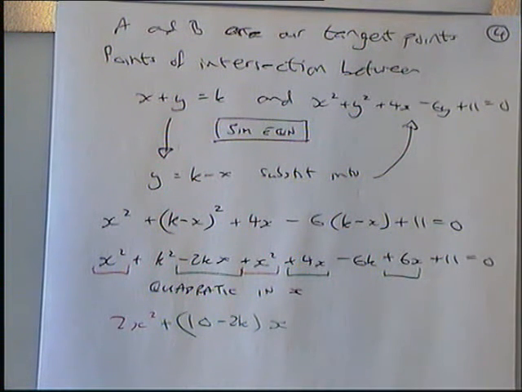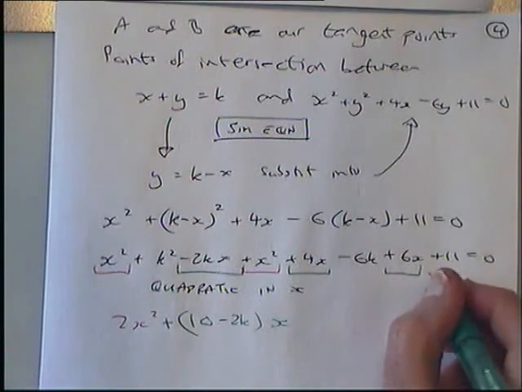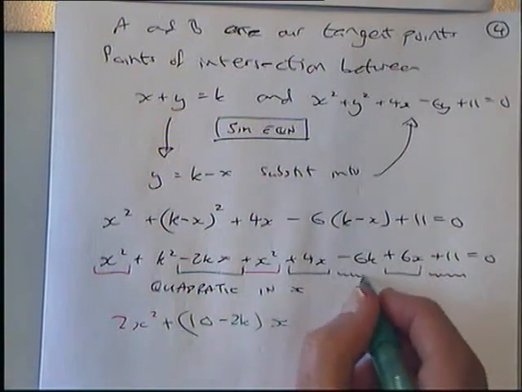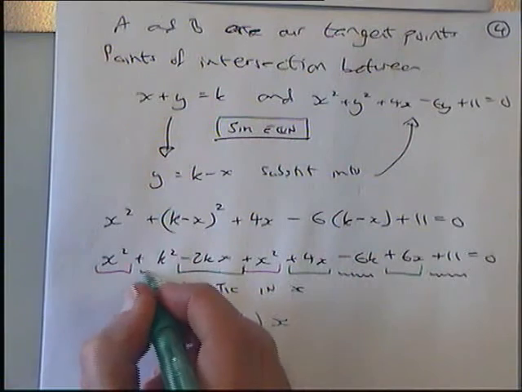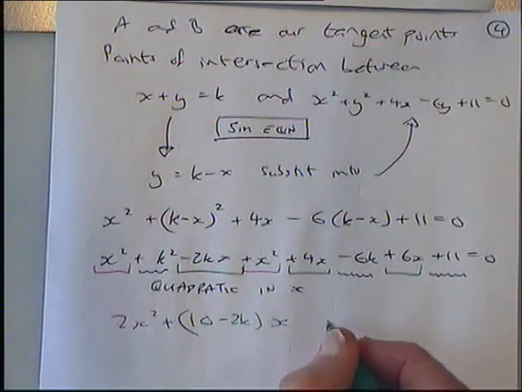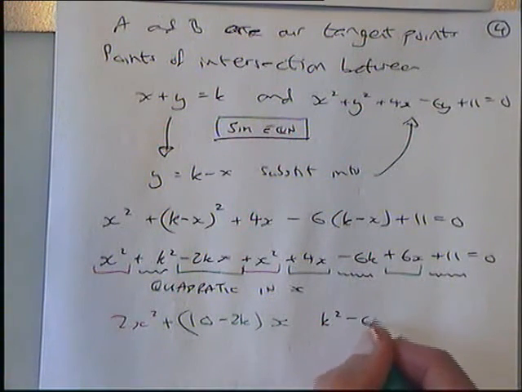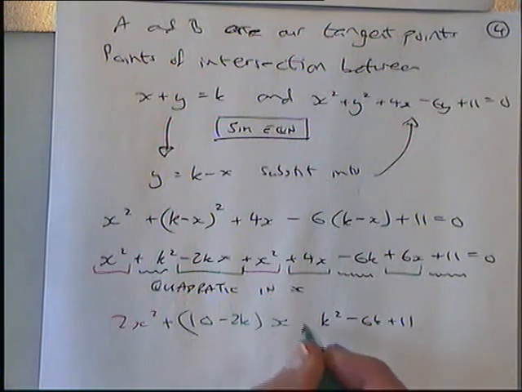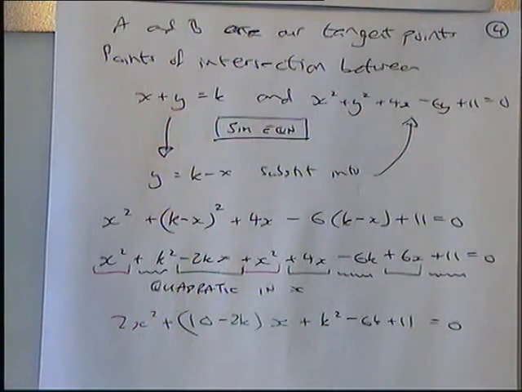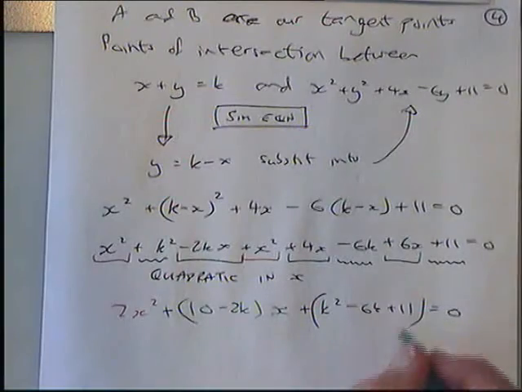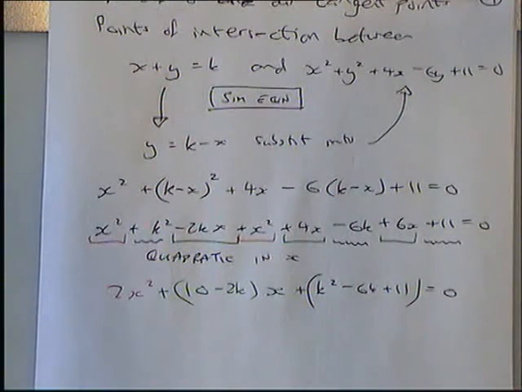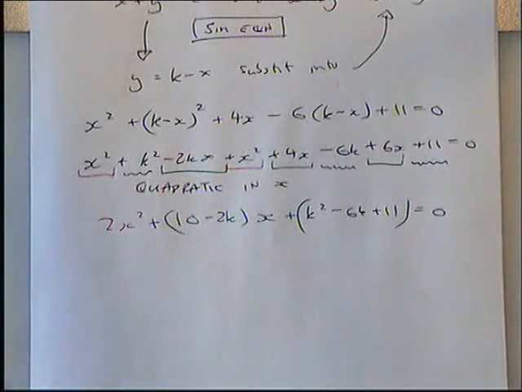I've got an 11 over there, a minus 6k there, and a plus k squared there. So I've got a k squared, a minus 6k, and an 11 has to be added on. If you want to put that in brackets, you can do it. It doesn't matter, if you just want to show that's a bit without any x's or x squareds in.